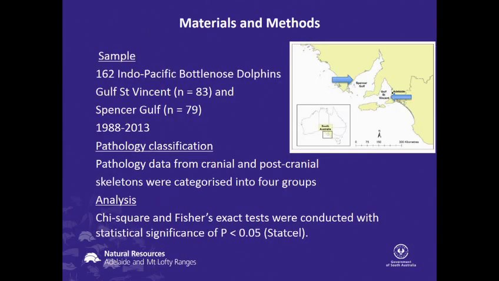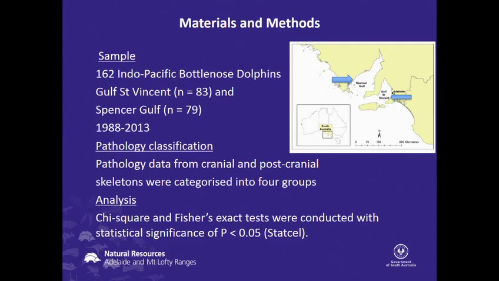Therefore, we decided to make a study with our samples, and the sample size is 162. We use the Indo-Pacific bottlenose dolphin because this dolphin stays relatively inshore; they spend most of their life in quite a similar area and do not migrate a really big distance.